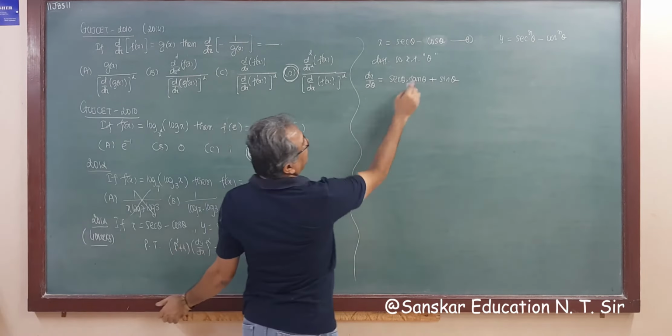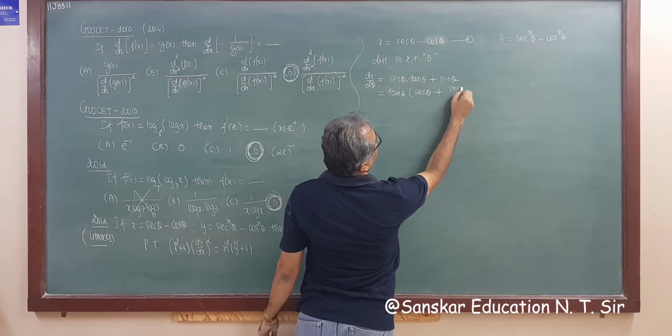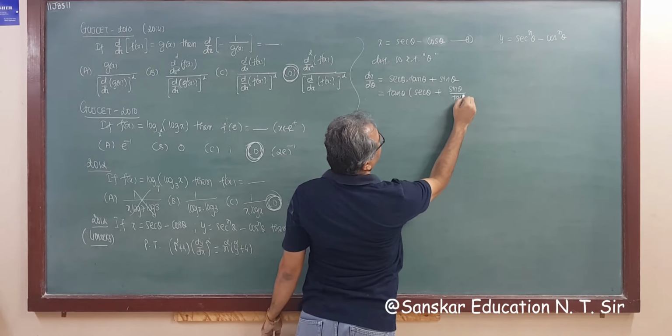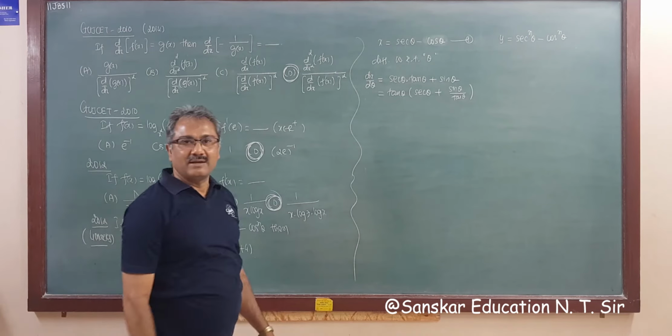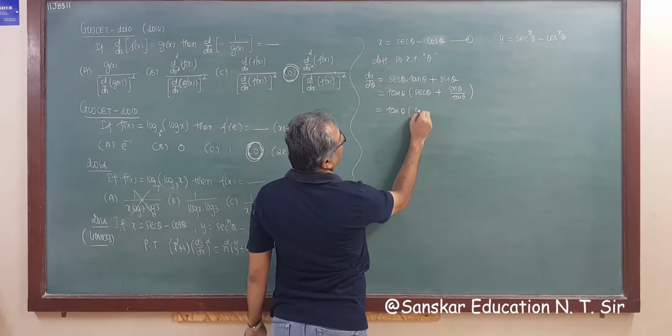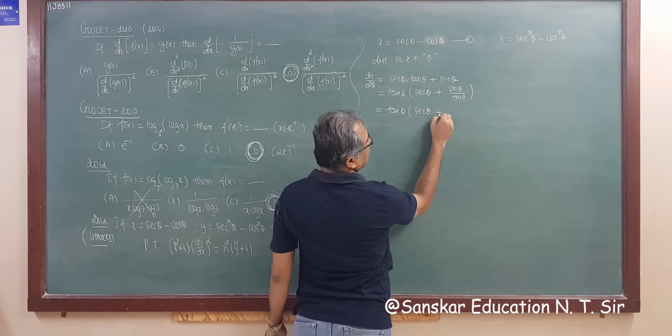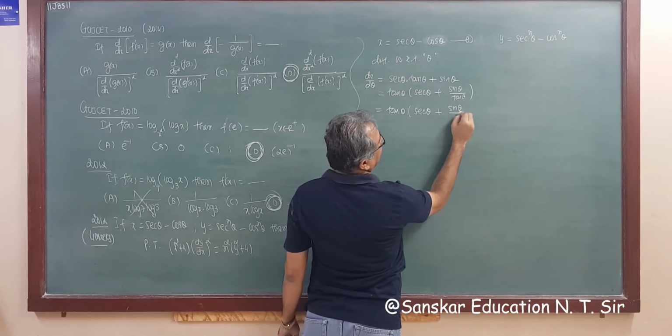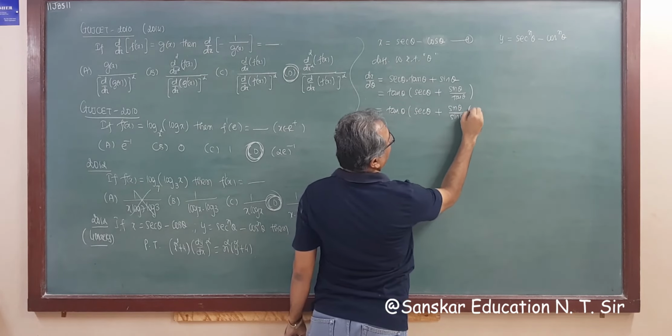Again taking tan theta common. So tan theta is common, that is sec theta plus sin theta upon tan theta. This is the answer, right? So this is tan theta into sec theta plus sin theta upon tan theta, and tan theta is sin theta upon cos theta.